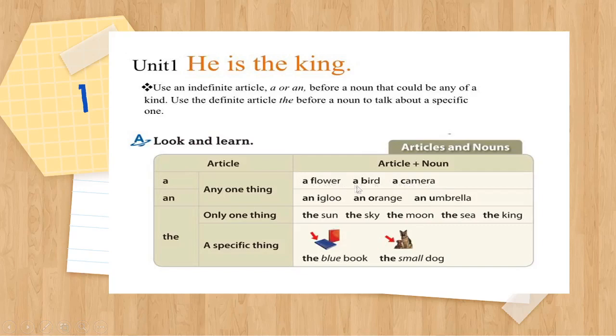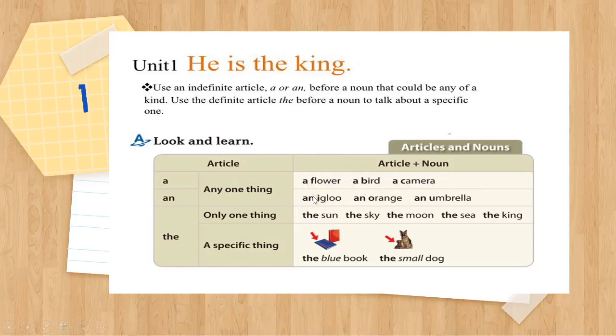Flower, bird, and camera start with the letters F, B, and C. This one we call consonant, right? You need to remember that if it is a consonant, we need to use a.